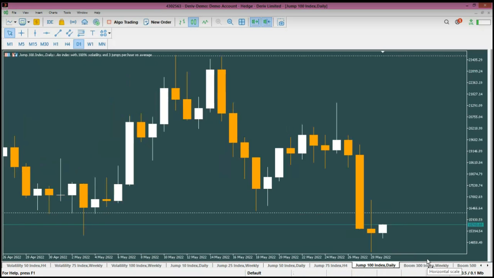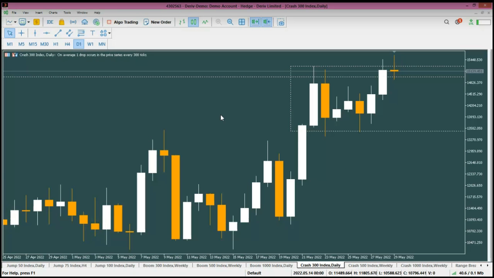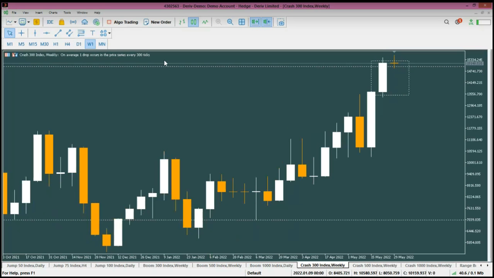All right. Let us go to Cash 300. On Cash 300, that PO stands for buying opportunity, meaning we are waiting for a buying opportunity.